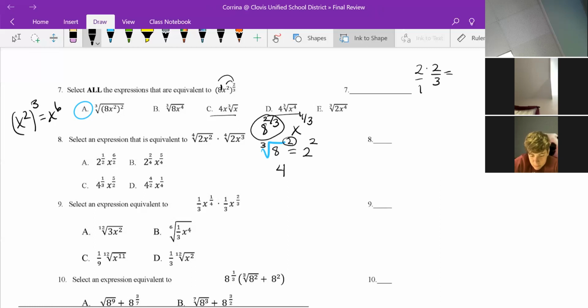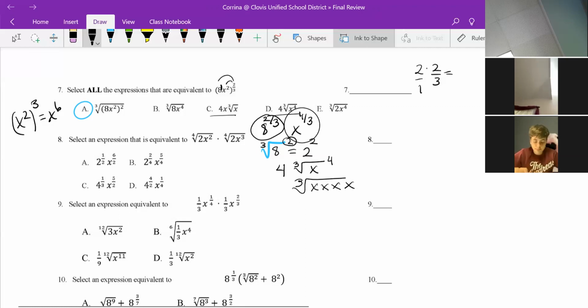X to the 4/3, how do I rewrite that one? Wait, X to the 4/3? Yes, right here, X to the 4/3. The 3 would go in the index, right? Yes. Okay. And then 4th power means I have how many X's? 4.